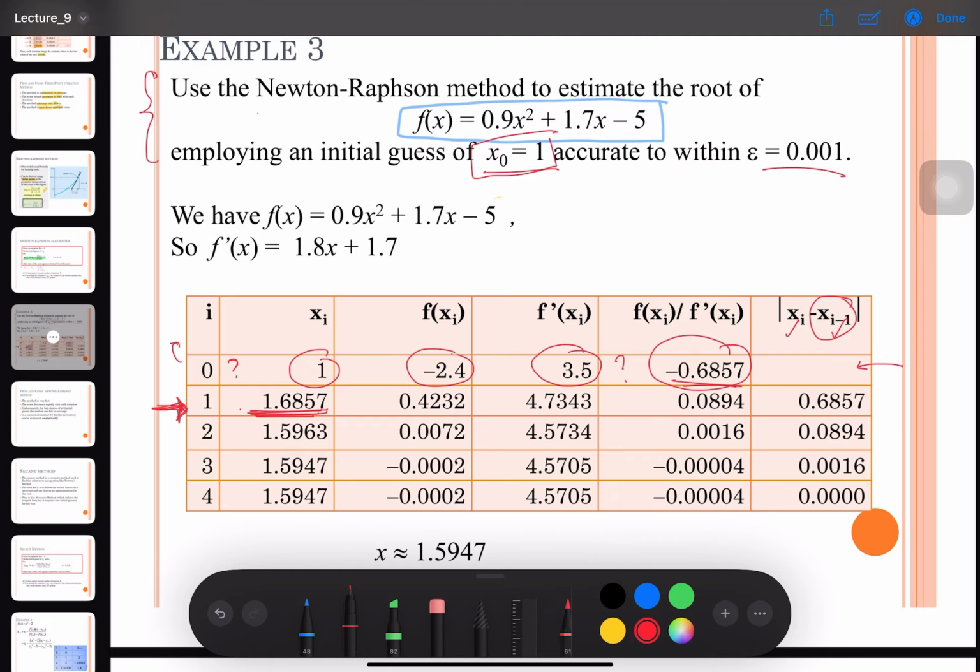Okay, and then continue with the second column. Substitute this value into the f equation, you get this answer. And then the next column, substitute this value into the f prime equation, you get this answer. And then for the next one, you just divide f(x1) over f prime(x1), you get this answer. And then find your error.